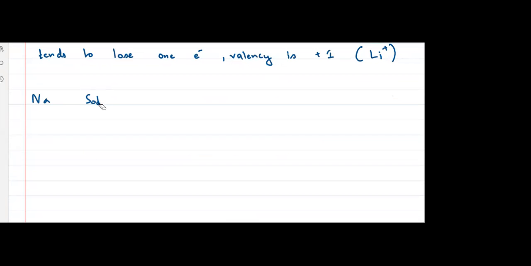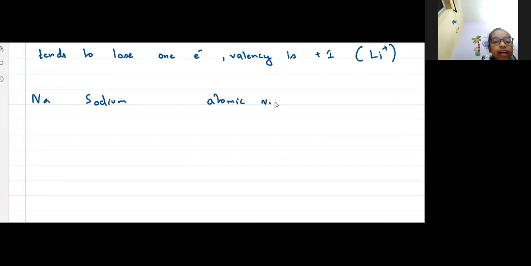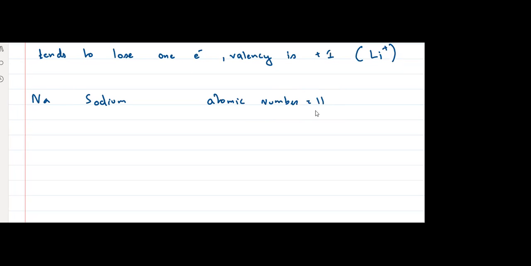Start with what? Atomic number. It is 11. Correct, so you have to remember the atomic number. Number of electrons? 11.